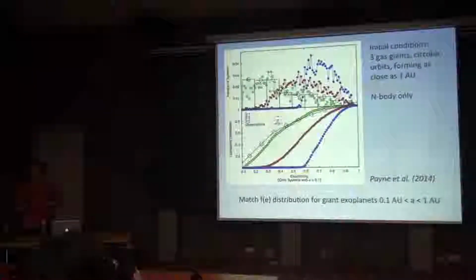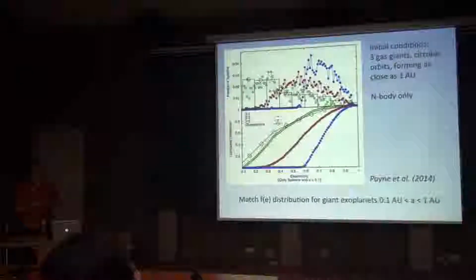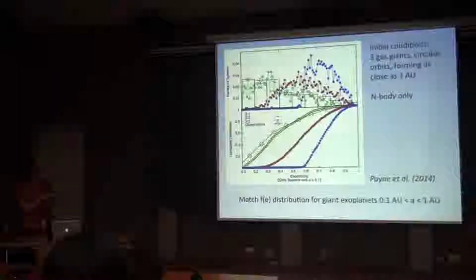And you can ask whether the statistical distribution you get is consistent with what we see in giant extrasolar planetary systems. And with some caveats, it is pretty consistent with what we see. So what you're looking at here is a comparison of the cumulative distribution of planetary eccentricity. And the circles here in this cumulative plot at the bottom are what is observed in giant extrasolar planetary systems.